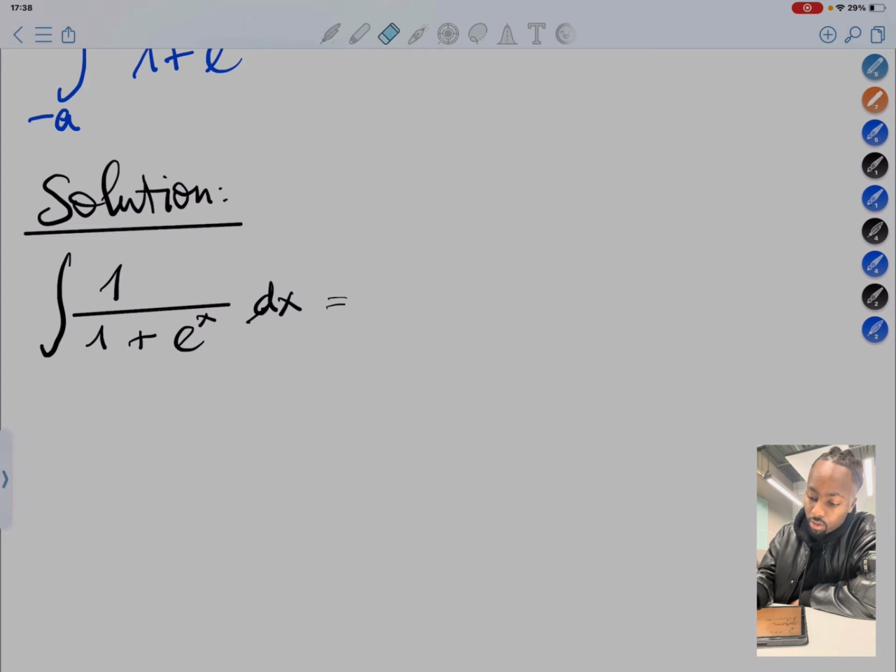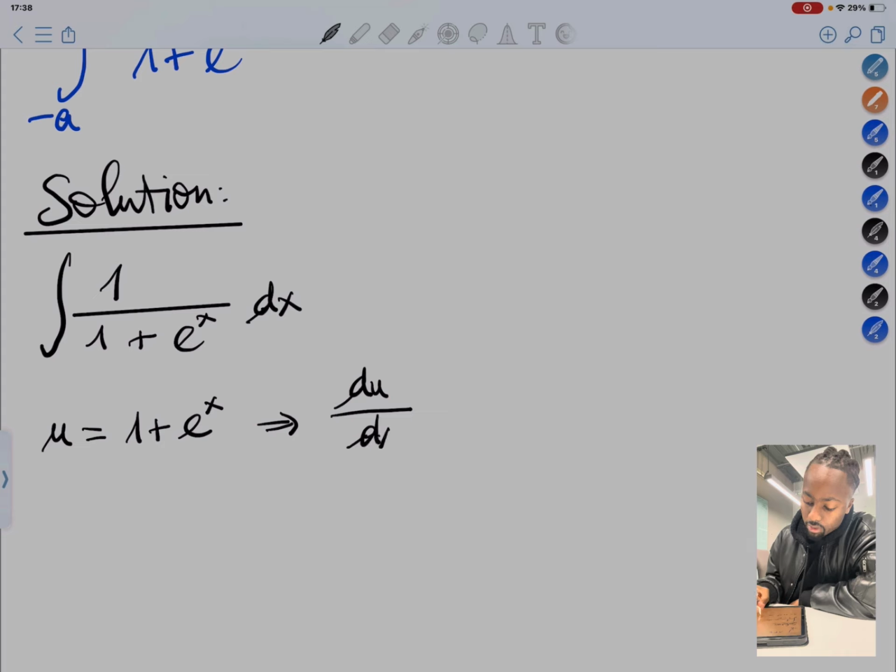So if we substitute u to be 1 plus e to the power x, then we have du dx, which is the derivative of u with respect to x. This would give us e to the power x, because the derivative of 1 would be 0, and the derivative of e to the power x is e to the power x.